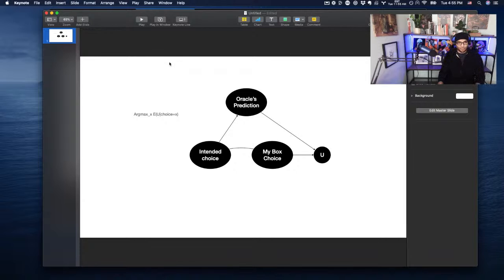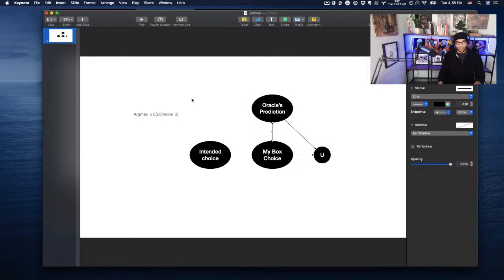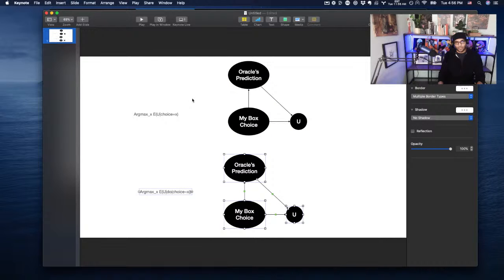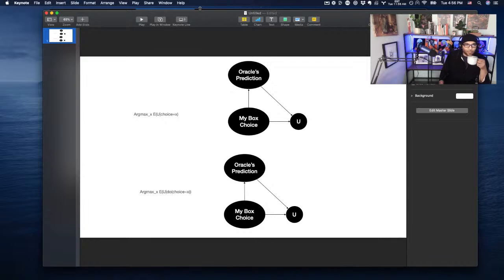So I must have drawn the model wrong, but I don't really see how these two cases differ, because if I do the intervention, this node here is exogenous, so it doesn't actually change anything. Something needs to affect my choice. What affects my choice?